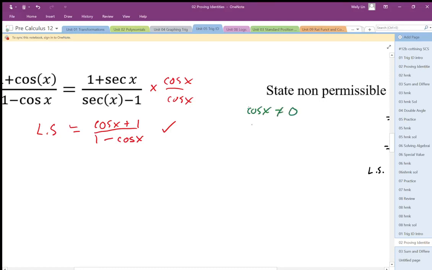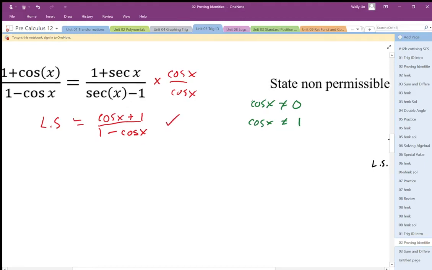I also have cos x not equal to 1. Okay, because 1 minus cos x will give me the 0 in the denominator here. And that also helps here because secant, when cos x is 1, secant is 1, so that's my 0 in the denominator. And again, you could solve for x as well, but at this point we're just not going to bother solving for x.